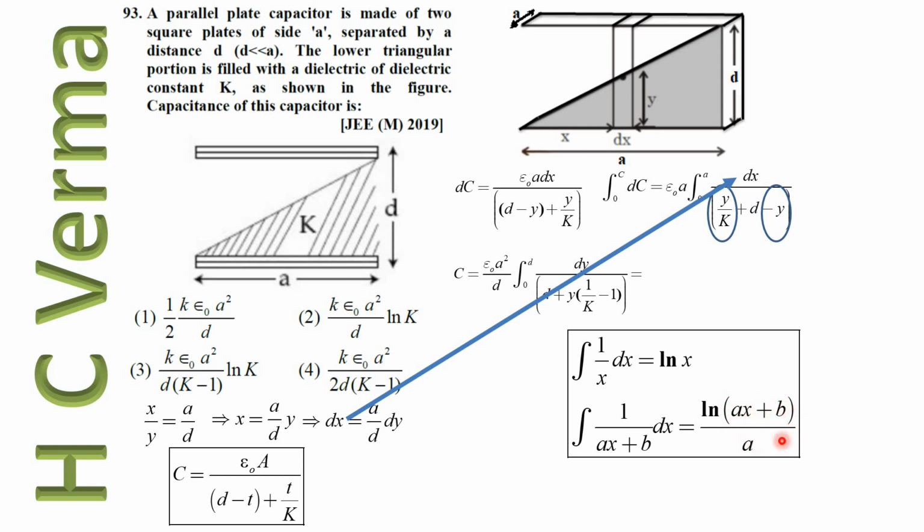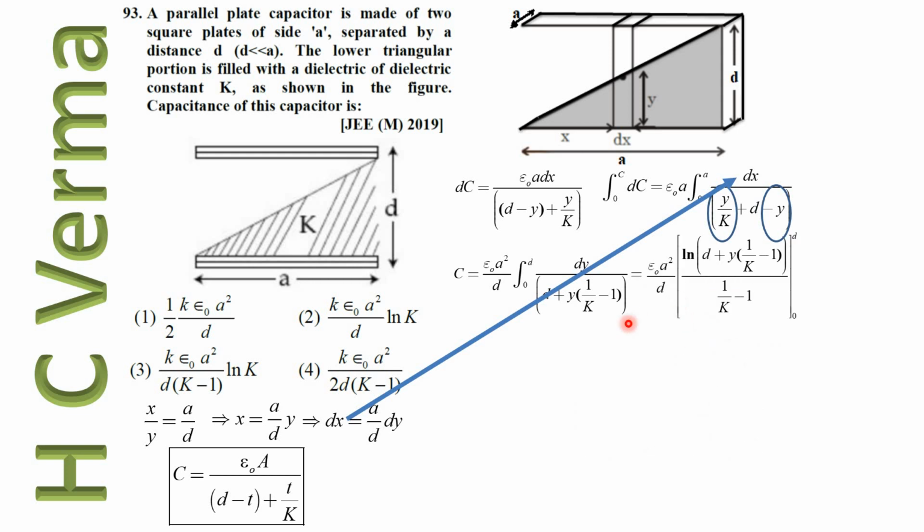The constant b gives 0 on differentiation, and a into x on differentiating gives a, so we have to divide by a also. So here too we have dy instead of dx. Divide by the constant, that is d, plus in place of x we have y, and in place of a we have 1 by k minus 1. So we have to divide by 1 by k minus 1 in addition to the natural log of this denominator.